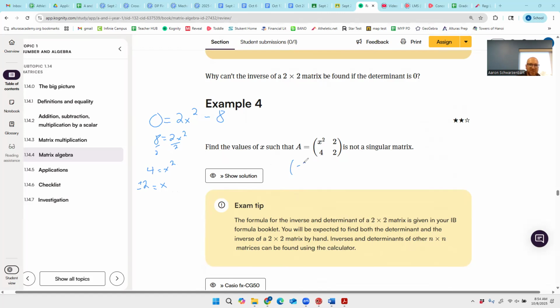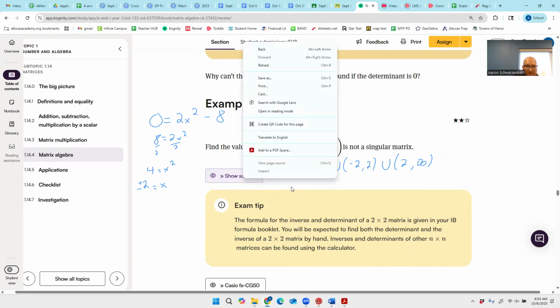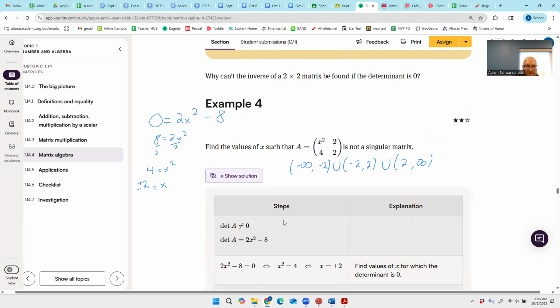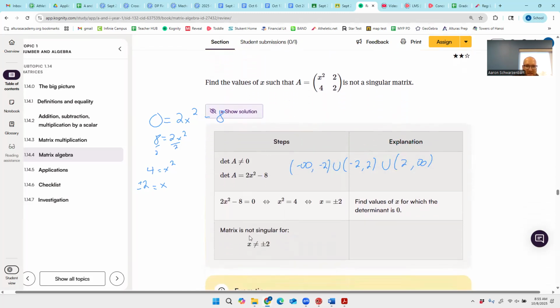If I did this in interval notation, it would be this. You can probably say on this that x is anything but -2 and 2. I'm guessing that's how they wrote it here. X is not equal to plus or minus 2.